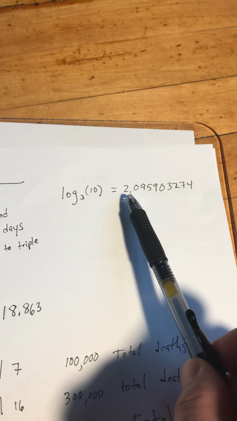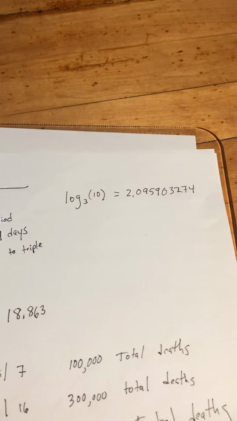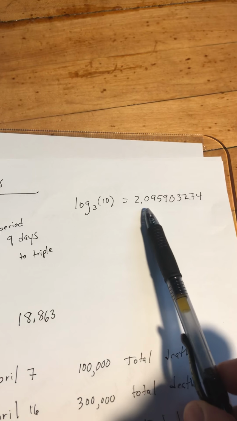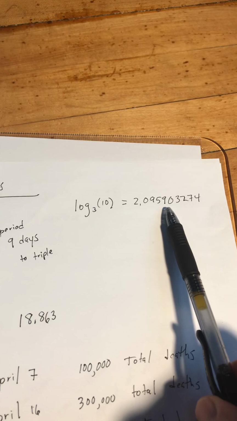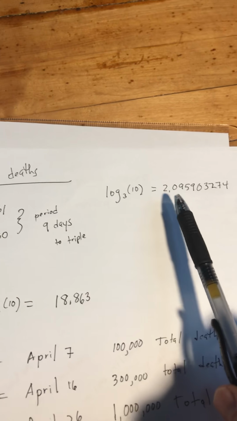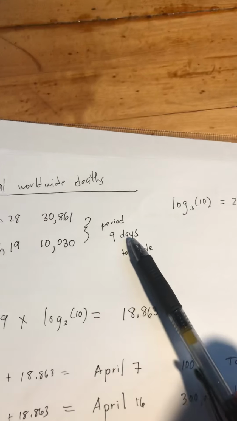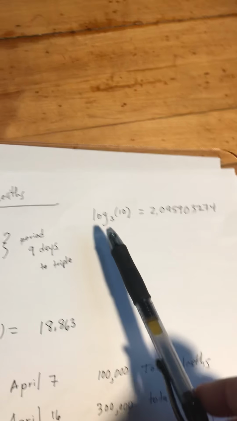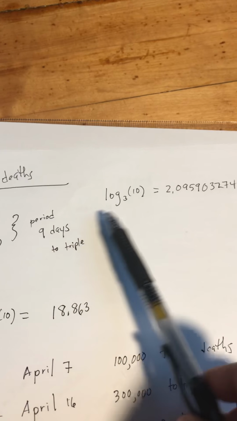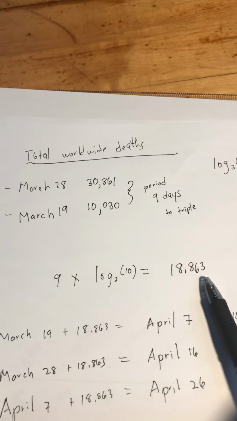I can plug this in, right? And that's multiplying this number by the period of days for one single tripling. So if I know it takes 9 days to triple once, multiply that period by this number, and you get this number.